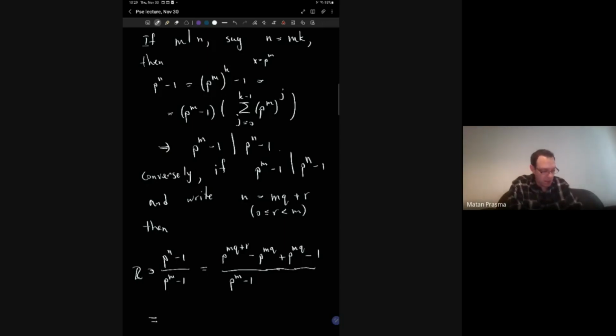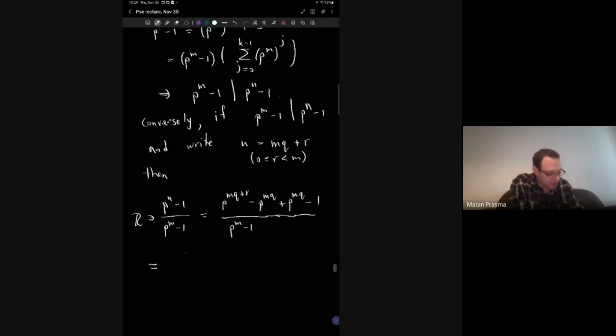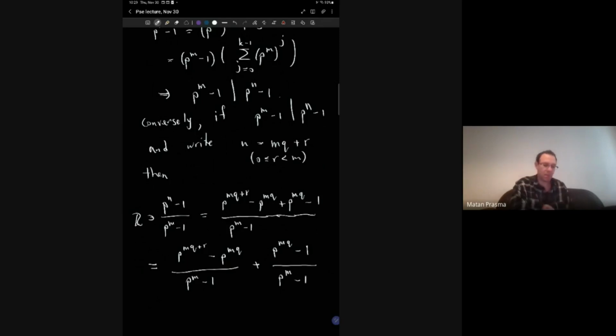And now I just split it. So this is p to the mq plus r minus p to the mq divided by p to the m minus 1 plus p to the mq minus 1 divided by p to the m minus 1.